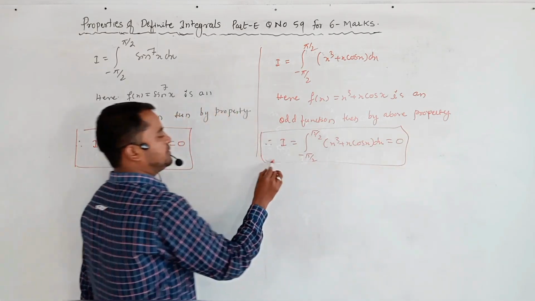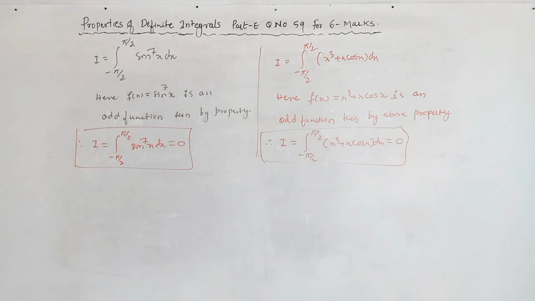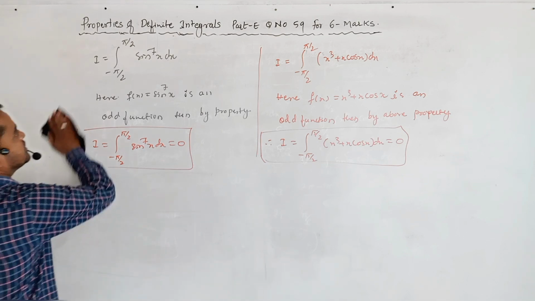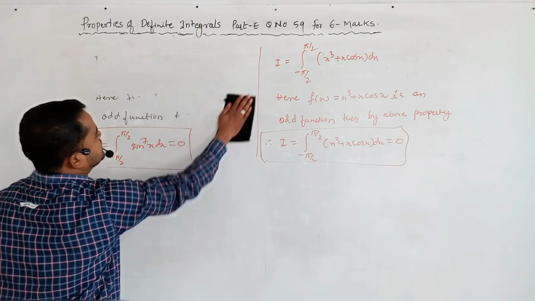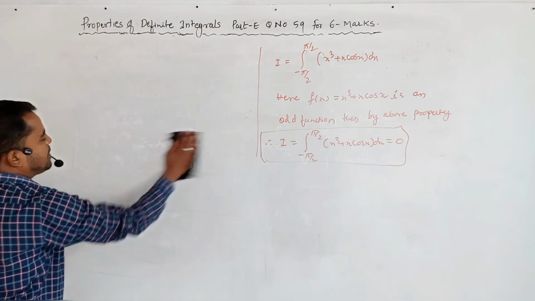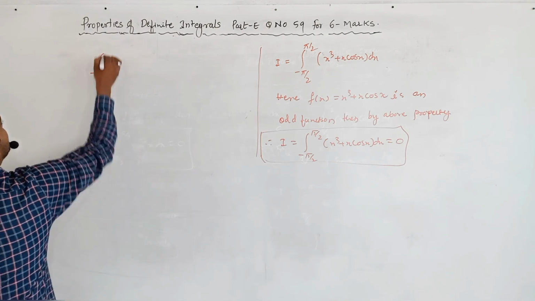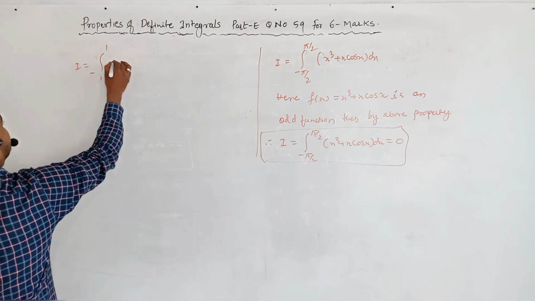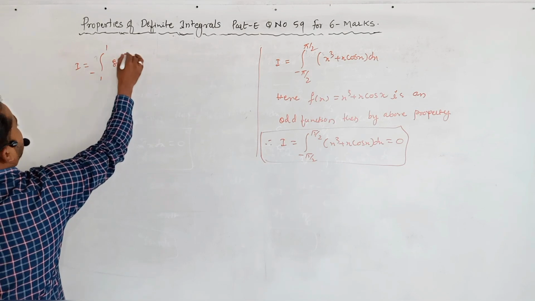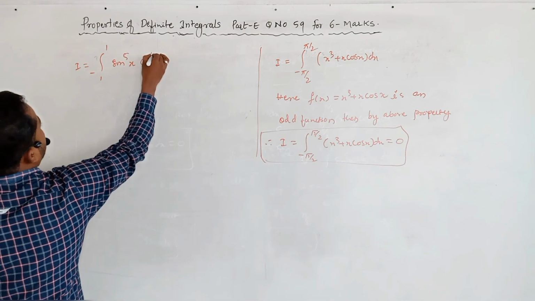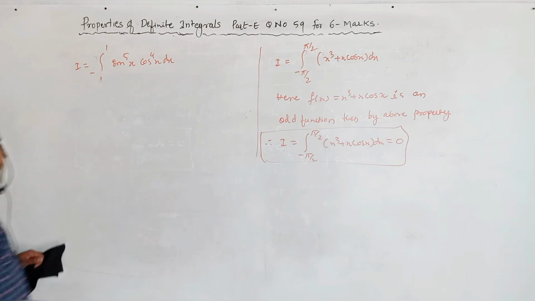And the third problem: the integration from minus 1 to 1, that is I is equal to sin raised to 5x cos raised to 4x dx.